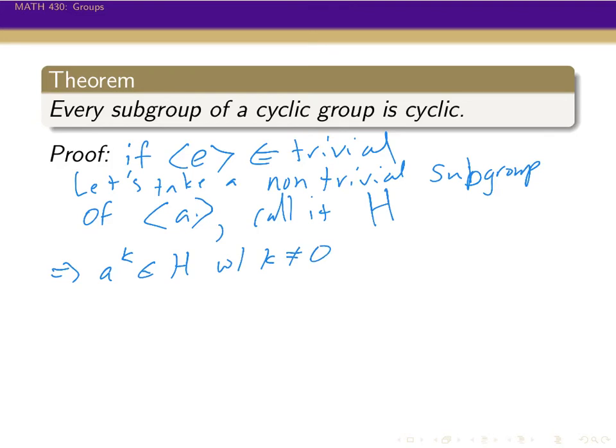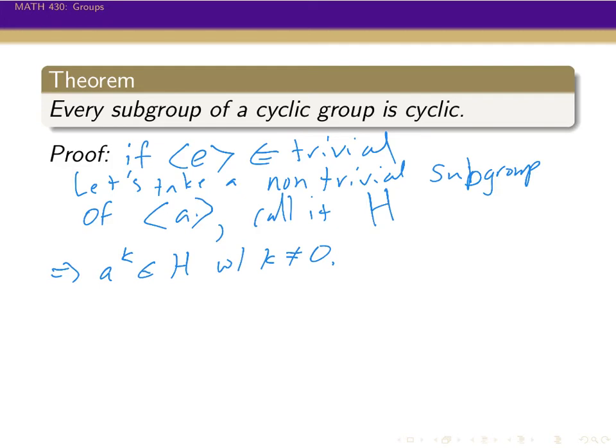That also means that we can take any integer power of A to the K, positive or negative, and so this means that H has positive powers of A, because once we have some power that's non-zero, then we can take any integer multiple we want, and so if A to the K was negative to begin with, then A to the minus K would be positive, and that would be in H. And so we know that H has positive powers of A, and so we can pick the smallest positive power.